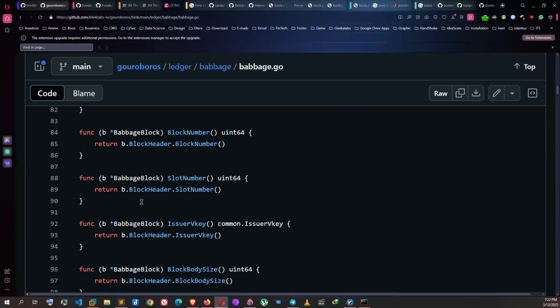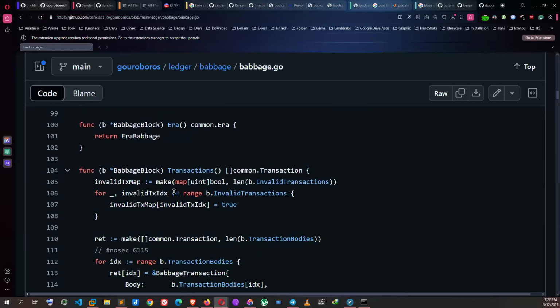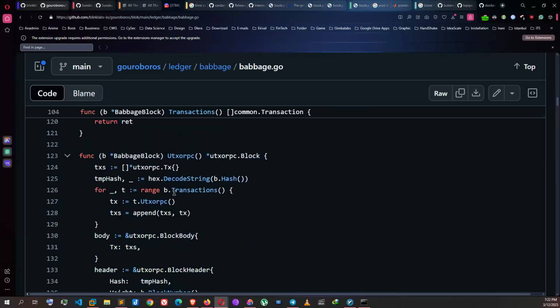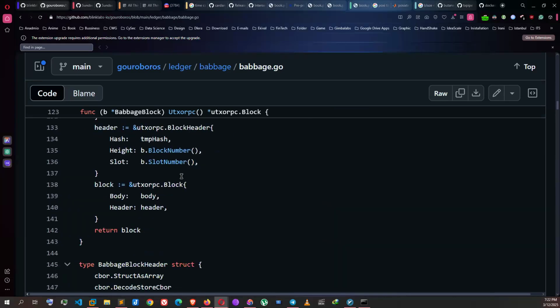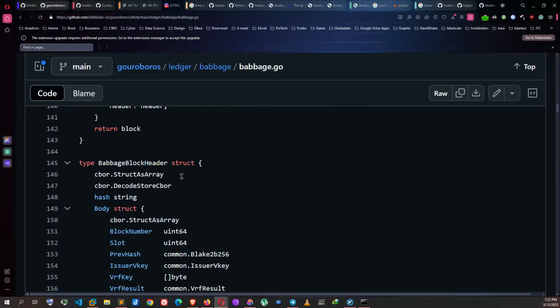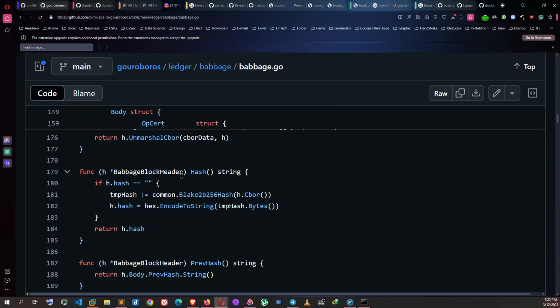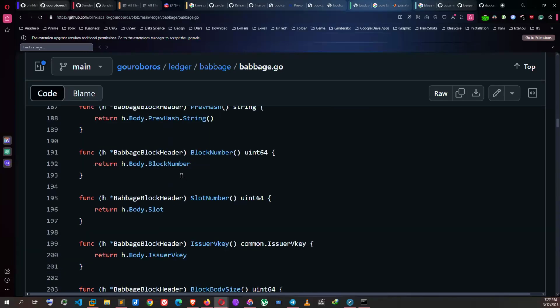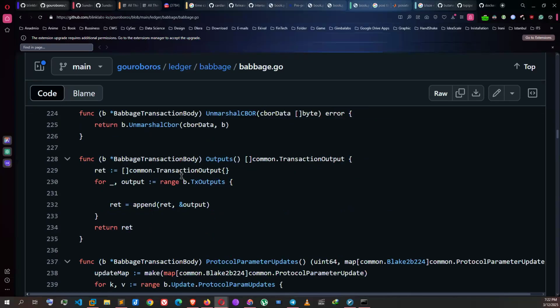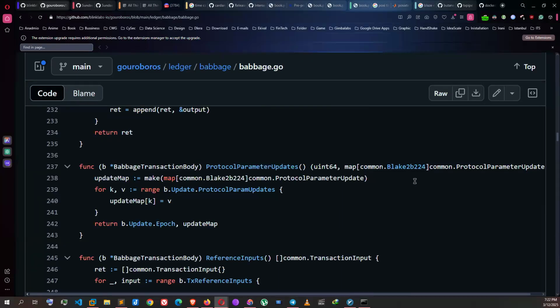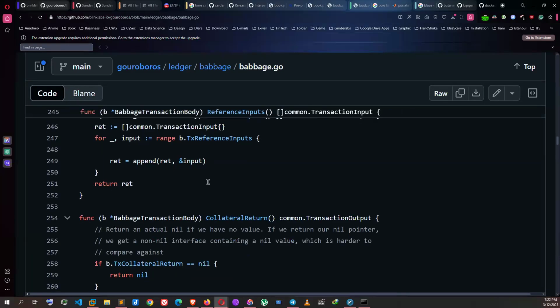Transaction type here, sure. You're still on block. Keep going. You've got a long way to go to get to Genesis. Genesis output, protocol parameters, reference input.